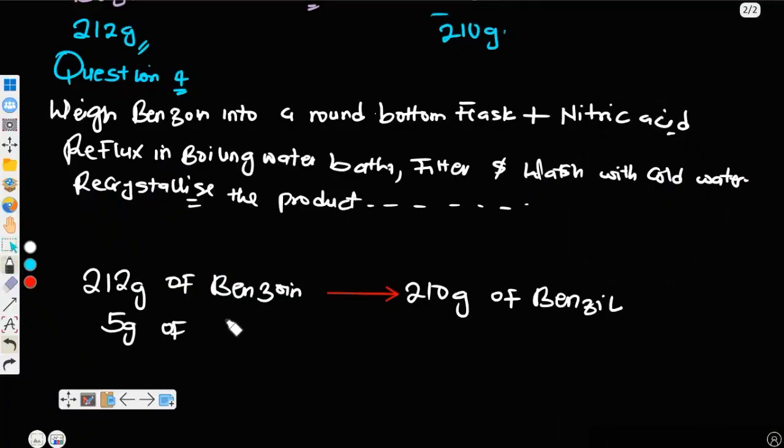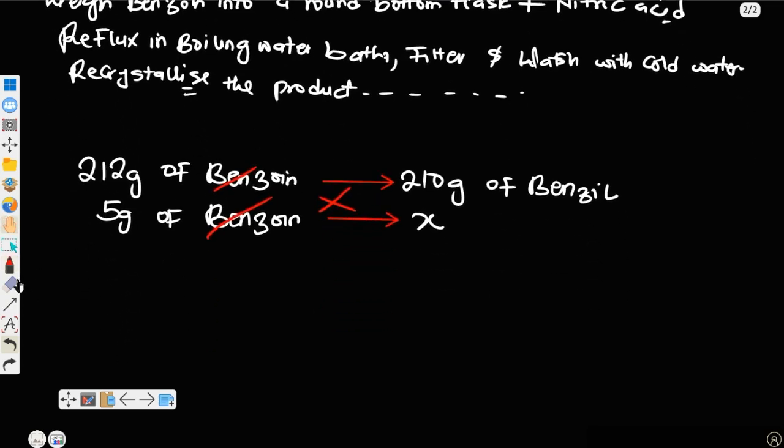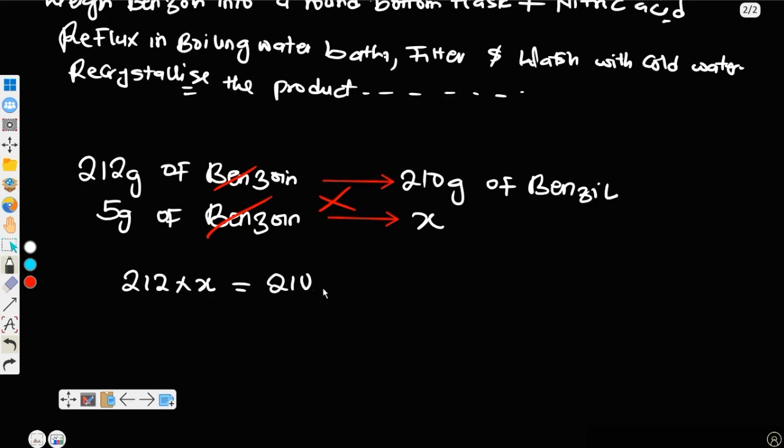Therefore, 5 gram of benzoin would be equivalent to what? To unknown, that's what we are looking for. So at this point, you cross multiply. So we are going to have 212 times x equals 210 times 5.